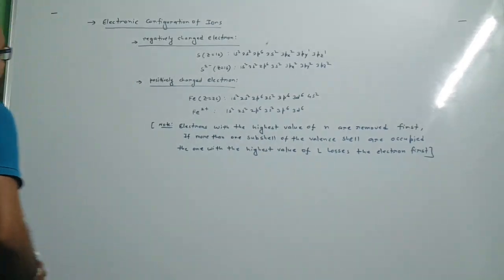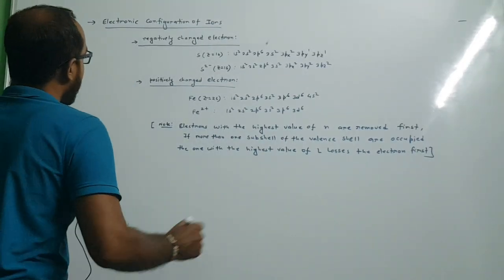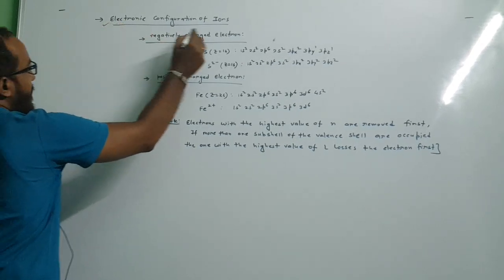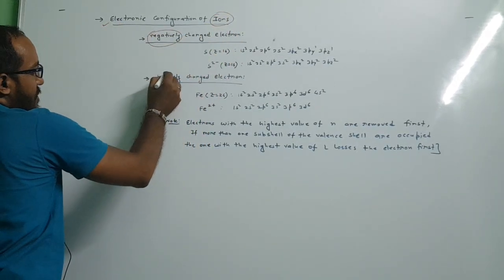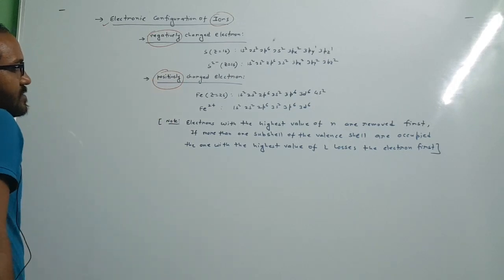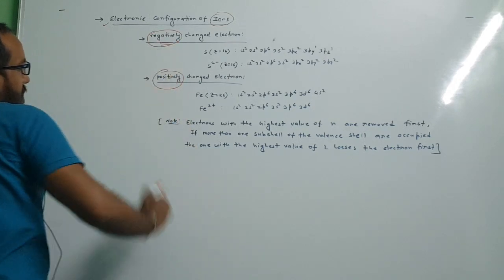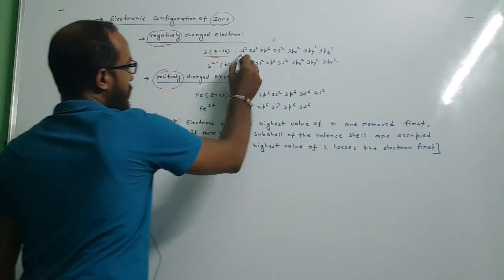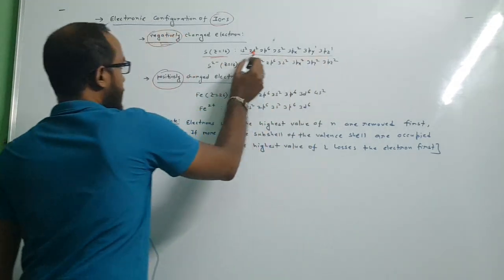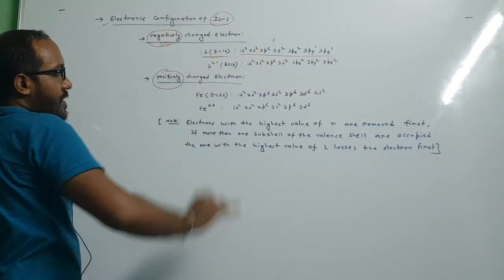So let us continue. To find out the electronic configuration of ions, that is for negatively charged ions and for positively charged ions. So for negatively charged ions, first of all write down the electronic configuration of the neutral atom. This is the neutral atom configuration of sulfur.